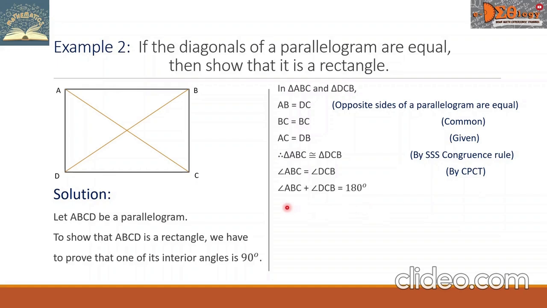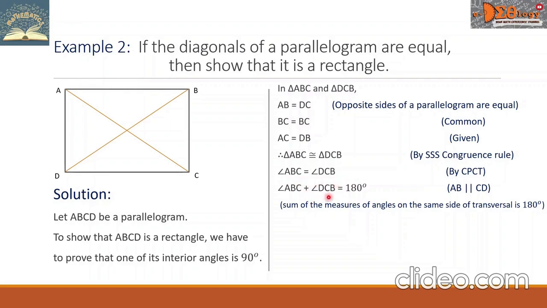Then we have angle ABC plus angle DCB equals 180 degrees. First, we see that AB is parallel to CD. And we know that the sum of the measures of angles on the same side of a transversal is 180 degrees.